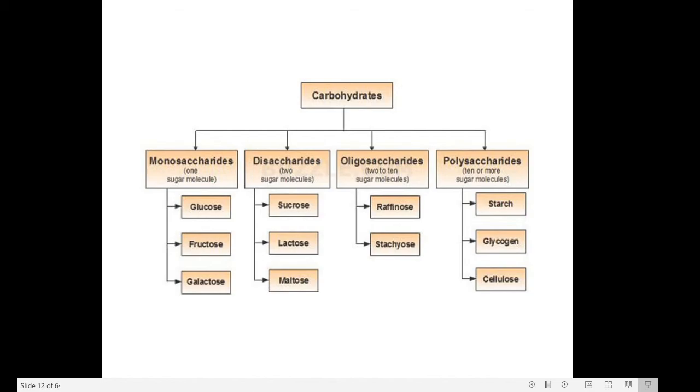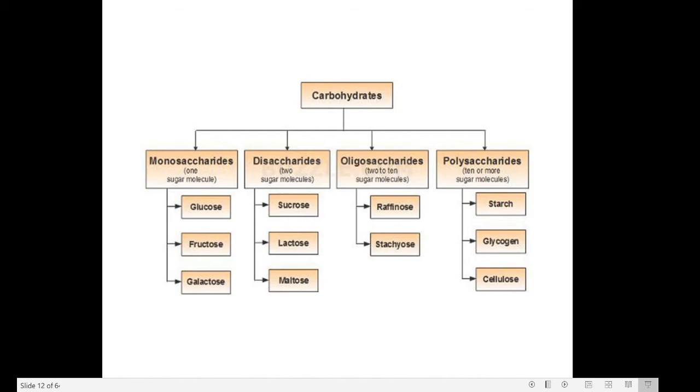Then oligosaccharide. Oligosaccharide means the same sugars forming one structure, that is called oligosaccharides, like stachyose and raffinose. Raffinose also comes under the oligosaccharides.